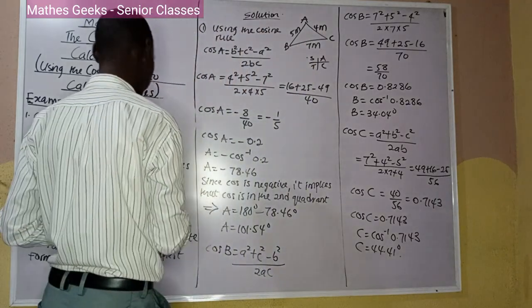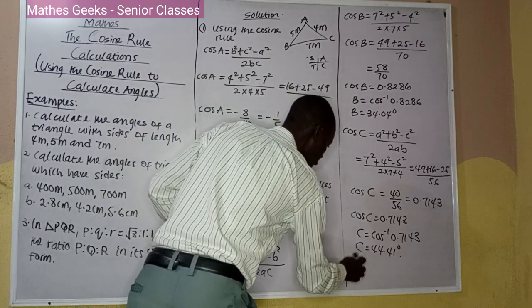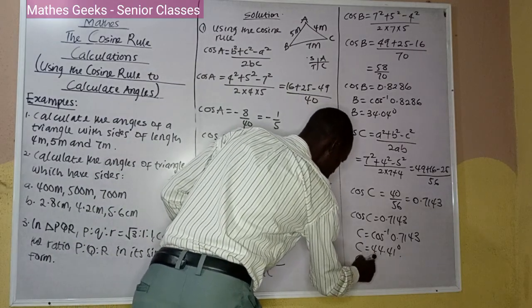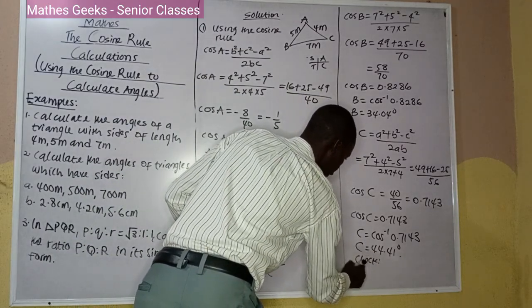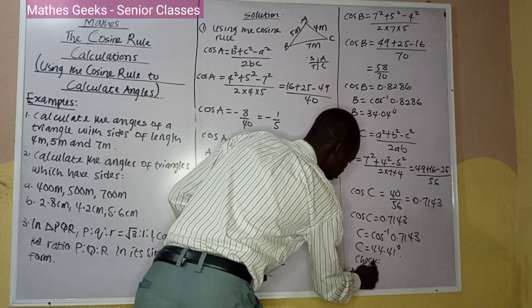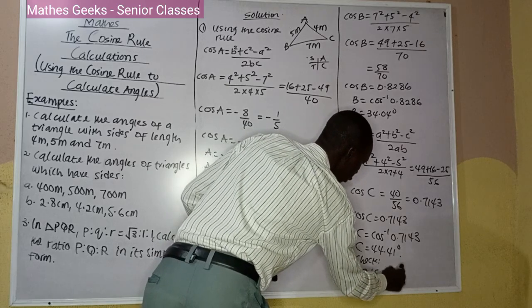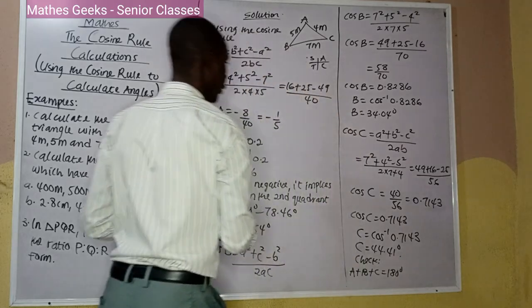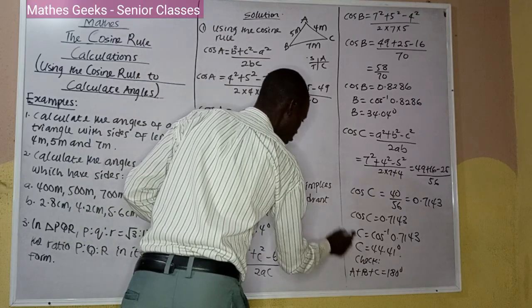So let's see if our answers are correct. Let's run our check. I'm going to add A plus B plus C to confirm that it is equal to 180 degrees.